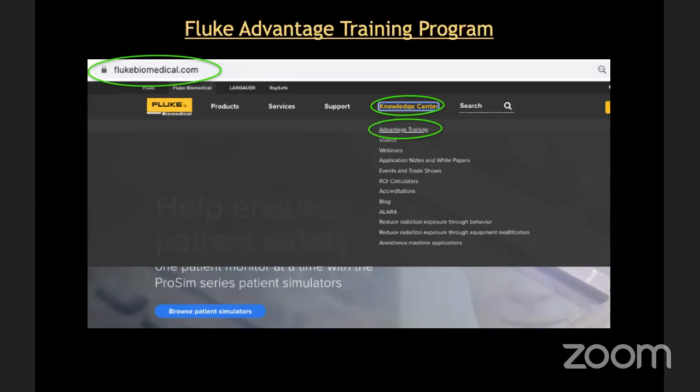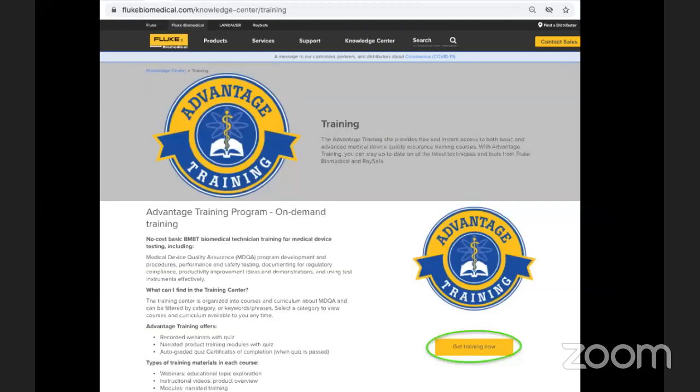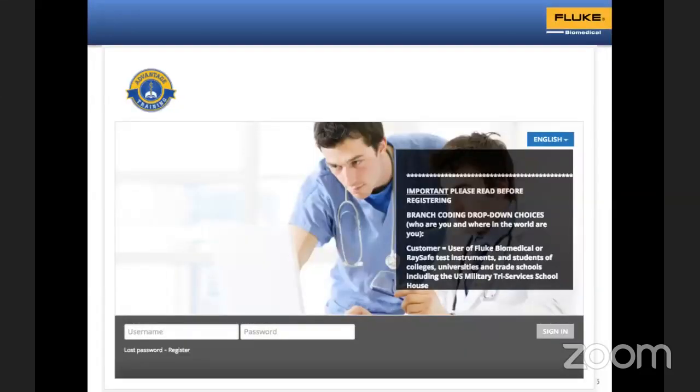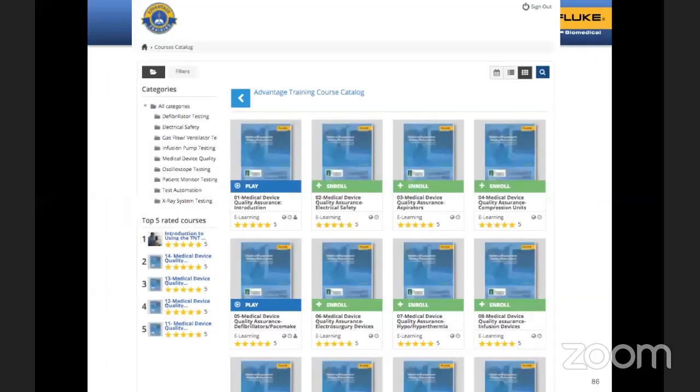This is the page you will get. Click the advantage training, get training now, the circle over there, and register with your name and password. It will take 2-3 days, and you will get loads and loads of course material which is not available in any textbook. So you see the electrosurgery.